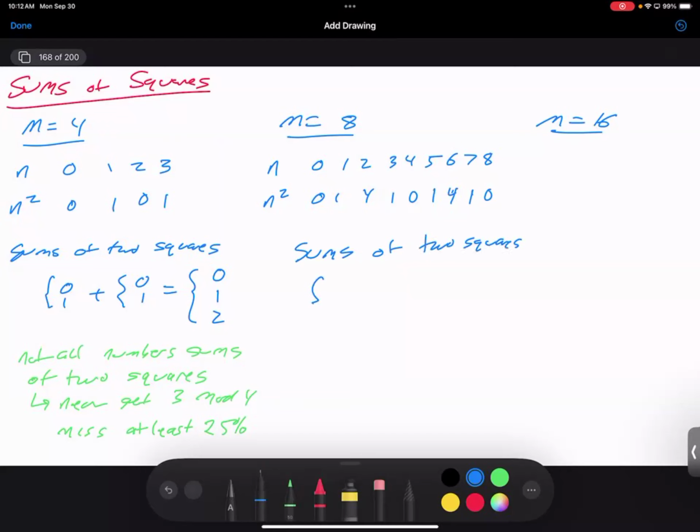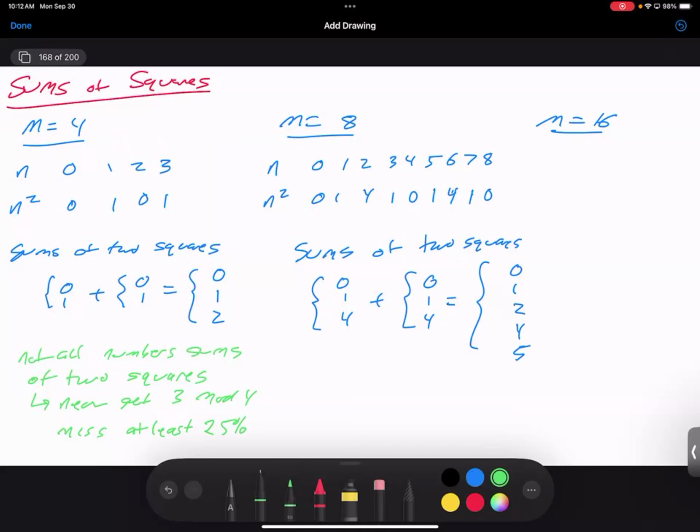So now when you look at sums of squares, how many possibilities do we have for the first one? It's 0, 1, or 4. What are the possibilities now? 0, 1, 2. What else? 4, 5. But 8 is the same as 0.